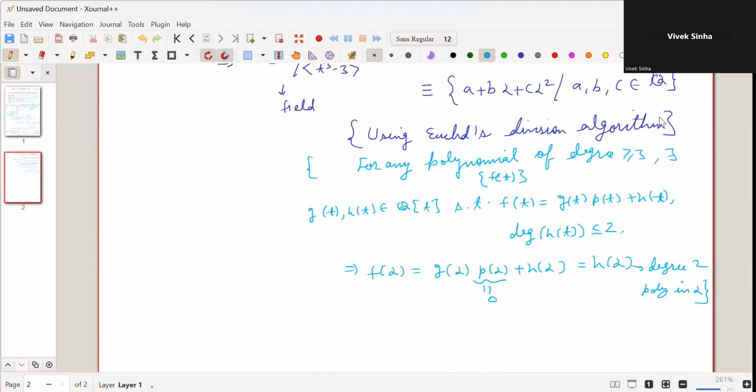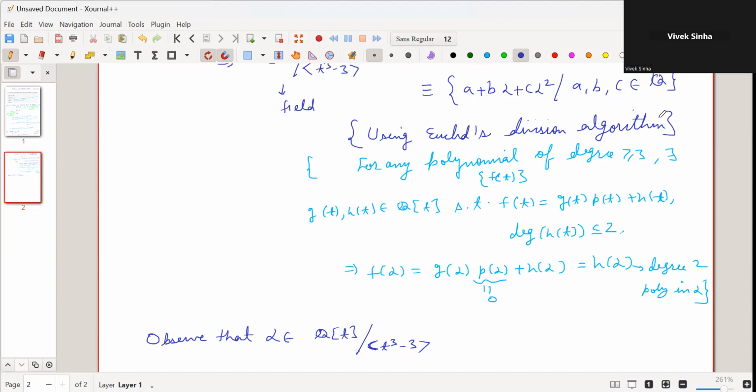Now can you say whether each element of it is constructible or not? It's not difficult. Observe that these kinds of elements are there, a plus b alpha plus c alpha square, where a, b, c belong to Q. So in particular, you can take alpha, taking a to be 0, b to be 1 and c to be 0.